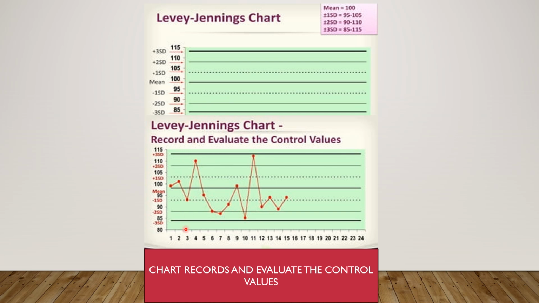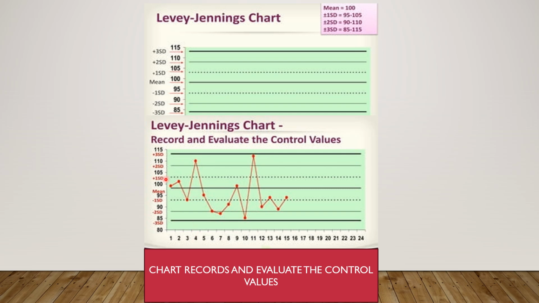Then how we will record and evaluate the control values. In order to interpret the Levey-Jennings chart, we need to record at least 20 data points for each sample. Like on day one, this data point shows the value of 100. On day two, with the same instrument and same conditions, the run has been done and the data point is towards the one standard deviation, meaning slightly deviating from the actual mean value.